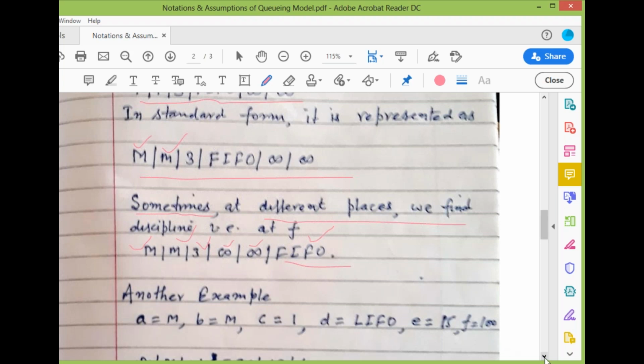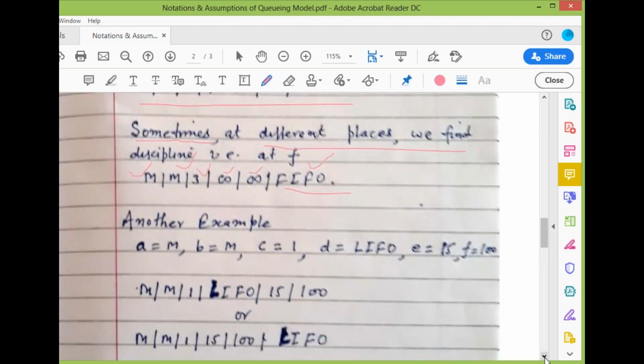So in this way, you can look at another example here. A is M, B is M, C is 1, D is GD, E is 15, and F is 100. So M, M, 1, GD, 15, and 100. This queuing model also can be represented with this kind of notation.